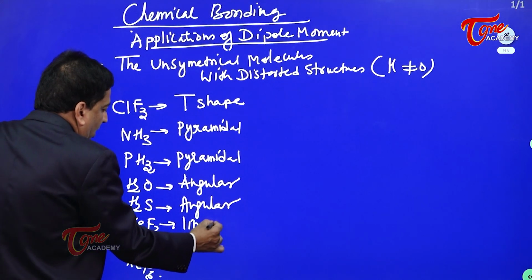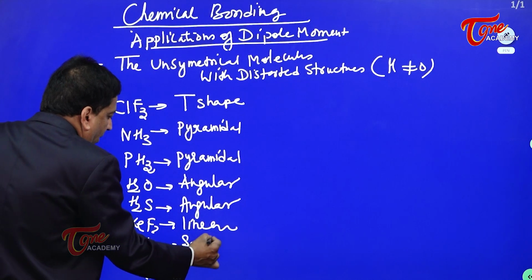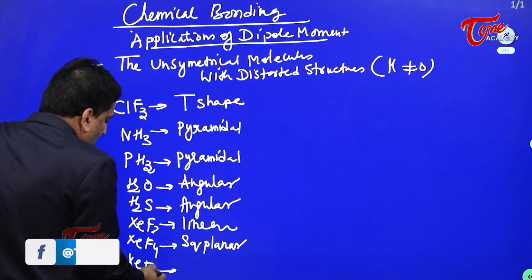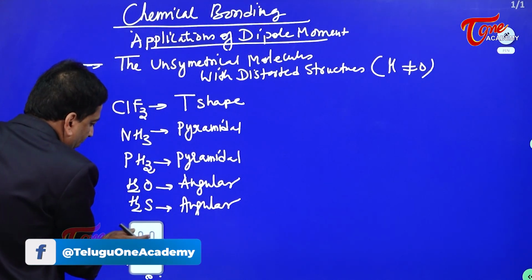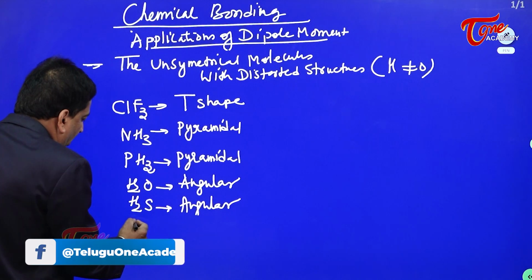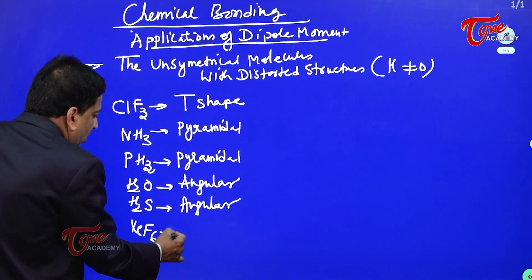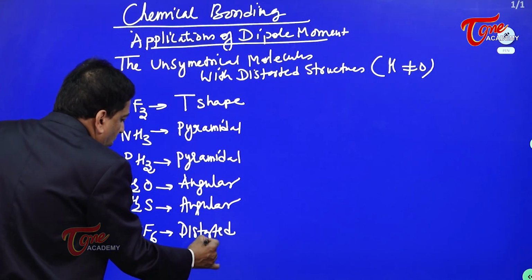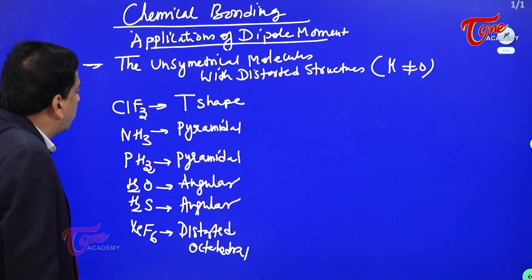This is basically linear. This is square planar. And XeF6 is basically, let me write only few, XeF6, which is having distorted octahedral. Right? So you have all these molecules.